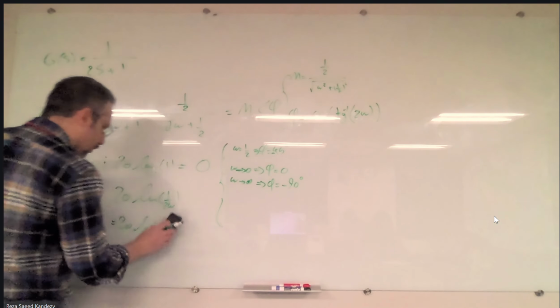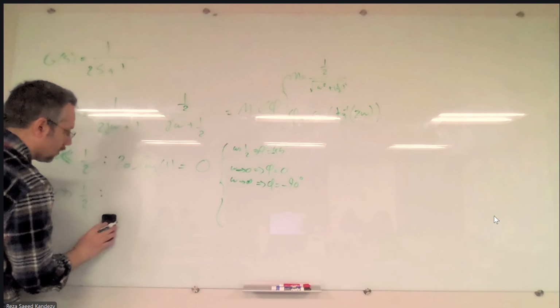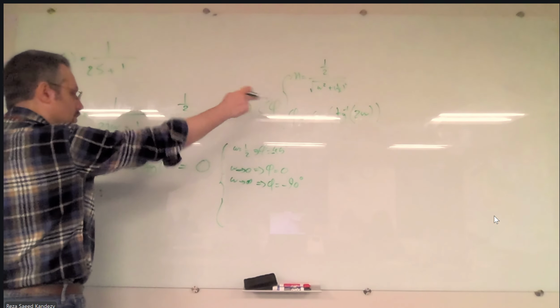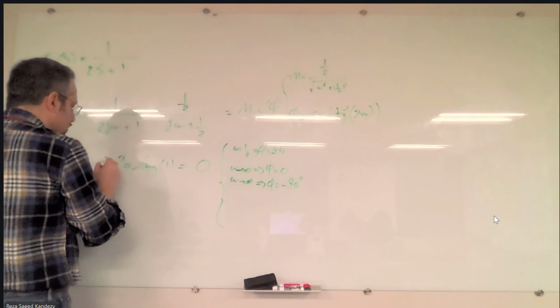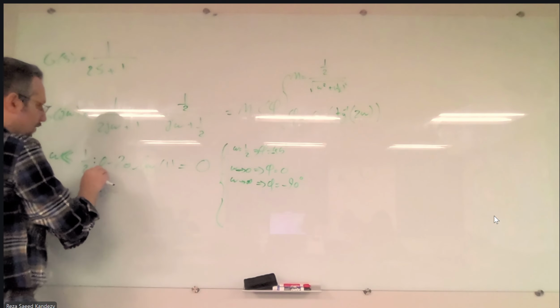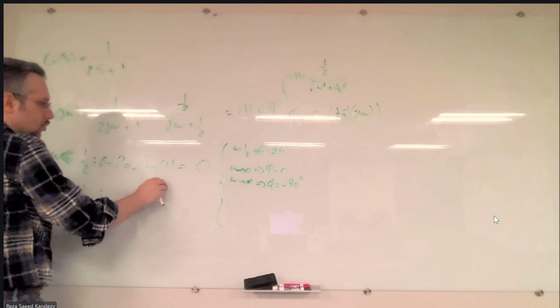Okay, we are missing something. This was 0 minus, because the denominators also have to be considered, 0 minus 20 log.